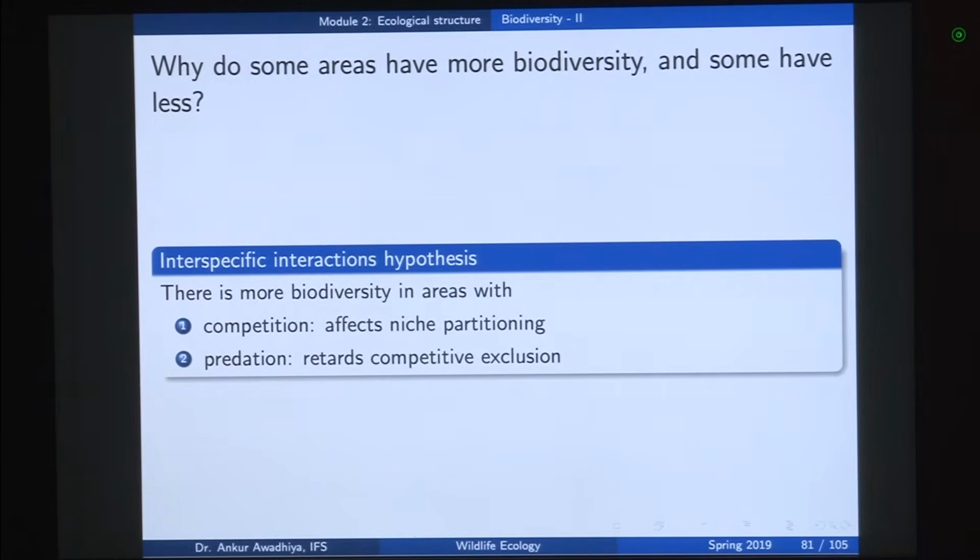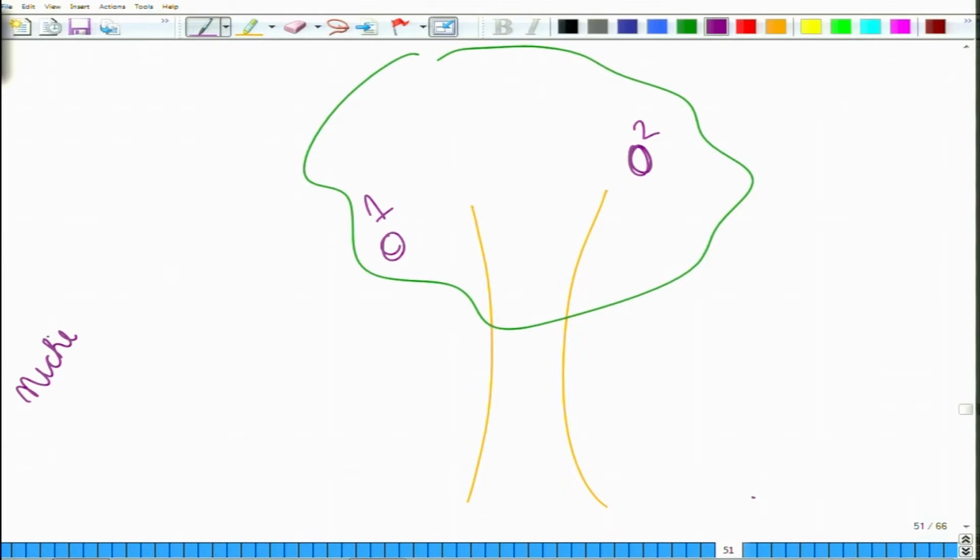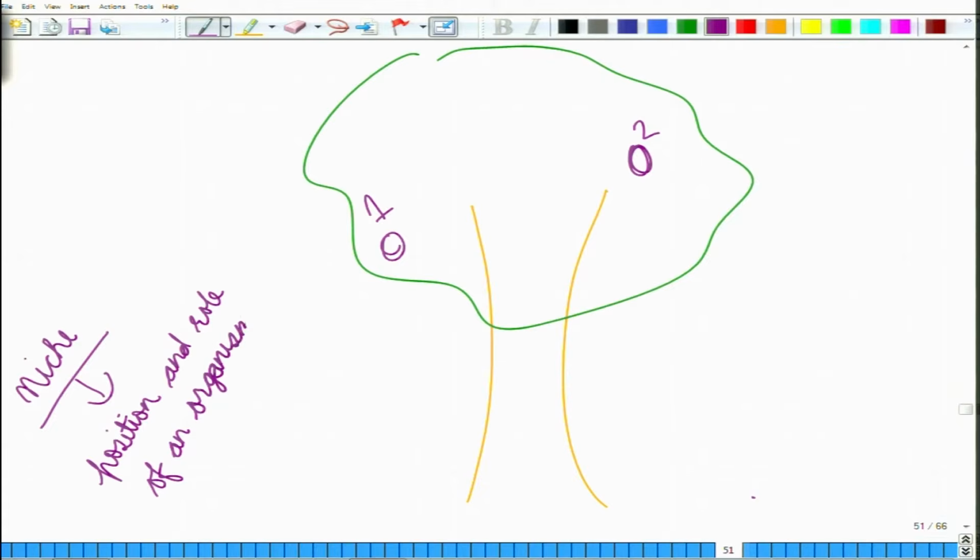If that happens, when the competition level is low, both of these species could use the same niche. Now niche, the term refers to the position and role of an organism in the ecosystem.